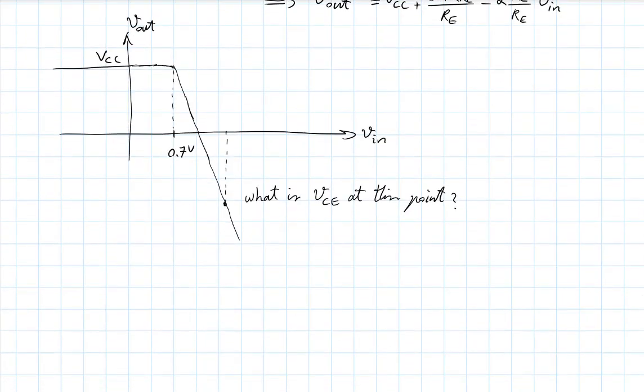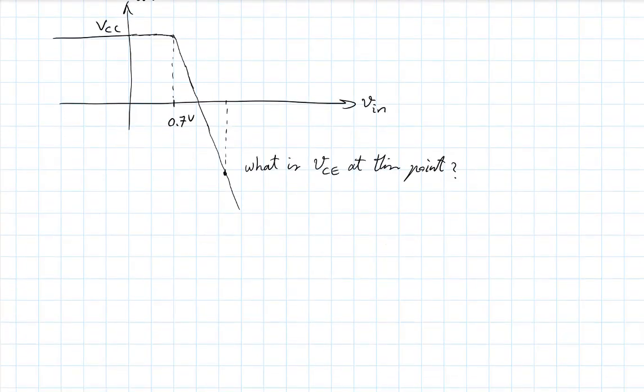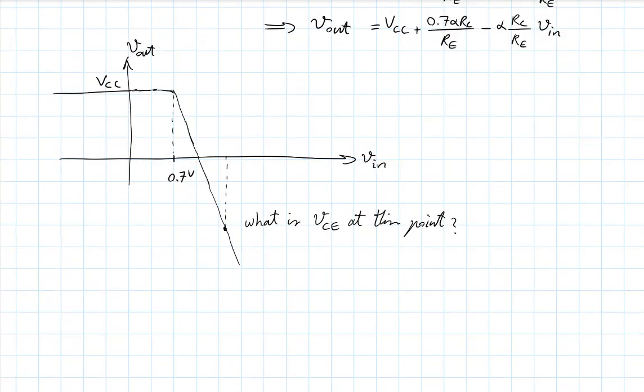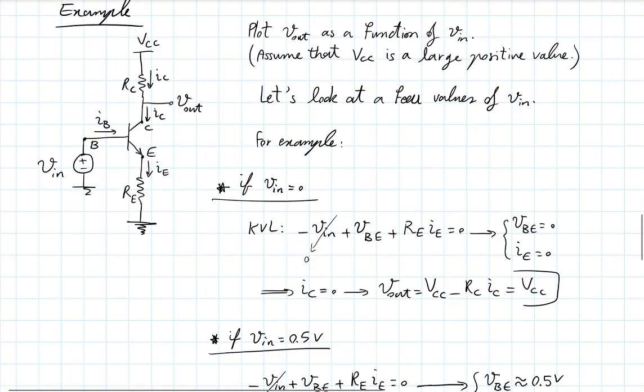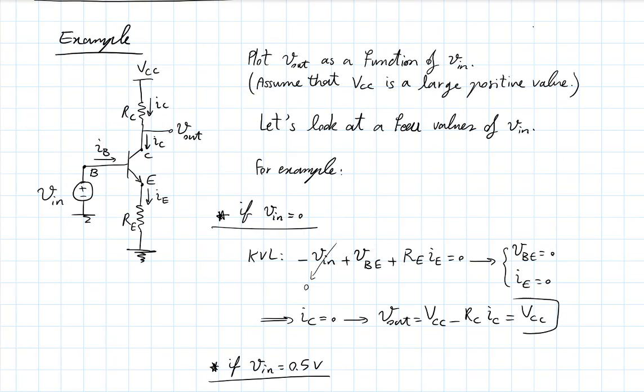Is that a positive value? Is it a negative value at that point? Is VC positive or negative? If my output voltage is negative, is VCE positive or negative? VCE is also negative because Vin is a great positive value.